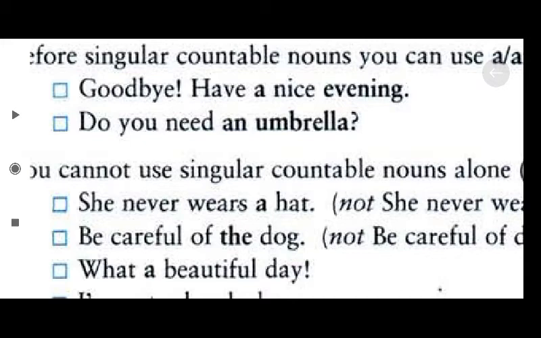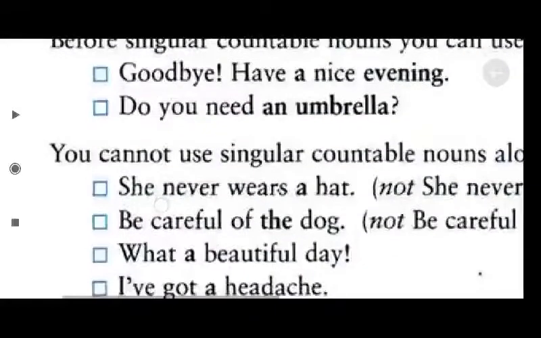An is usually used before singular countable nouns that begin with a vowel like a, e, i, o, or u. Like, for example, an apple, ice cream, office, uncle, aunt, for example, I, and so on.